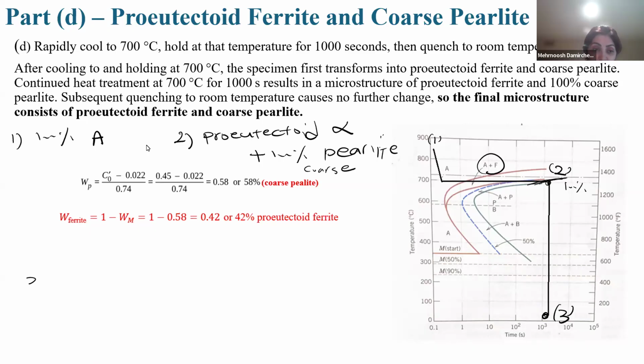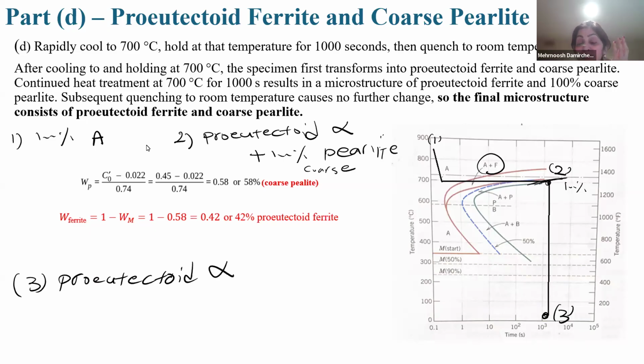Then quenching. When quenched, only austenite converts to martensite, yeah? Or if, for example, it is cooling above 320 or something, it converts to bainite or something. But only austenite. Here, at 2, we had proeutectoid ferrite, so it does not convert again.